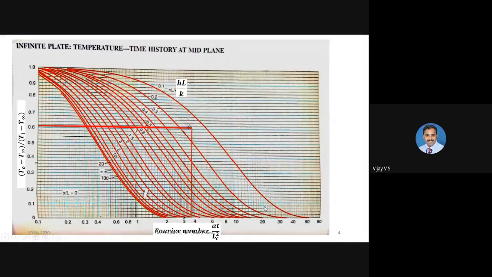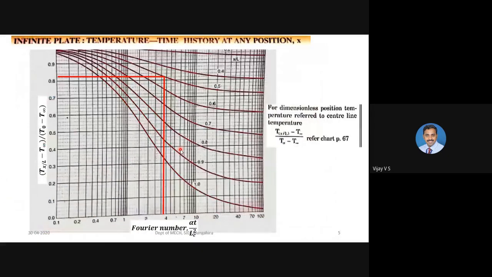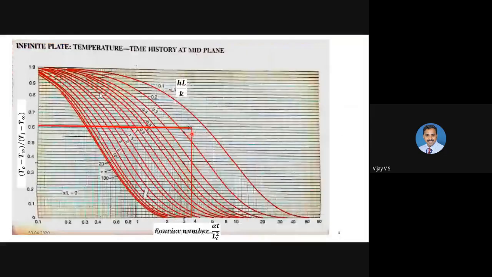Now this is the 0.1 line Biot number. Now this is Fourier number 3.424. This is Biot number 0.1 and 0.2, so 0.165 is in between that, correct?